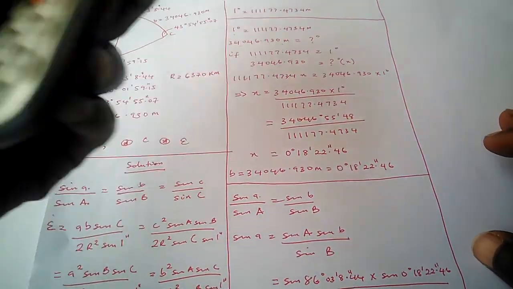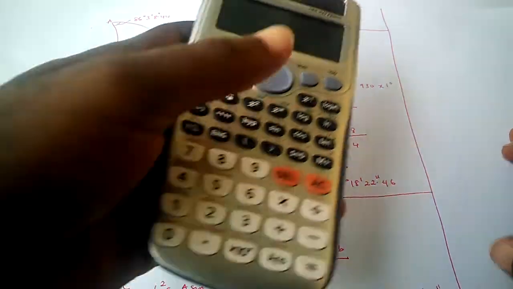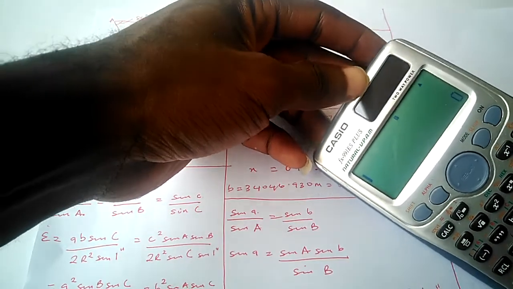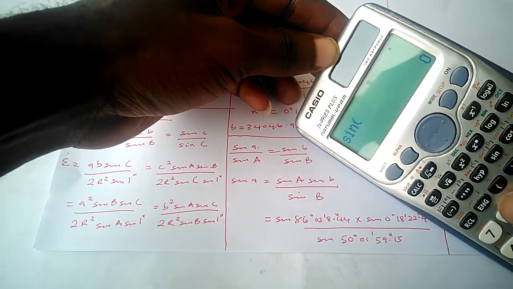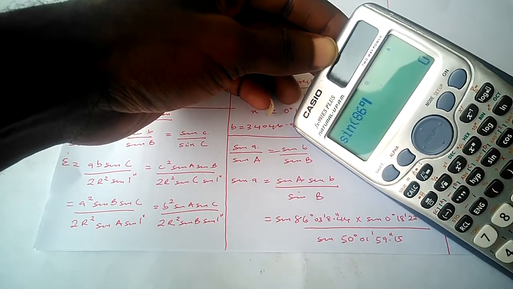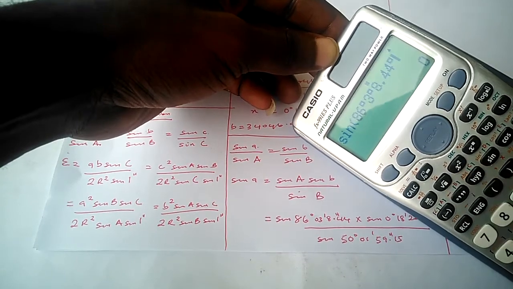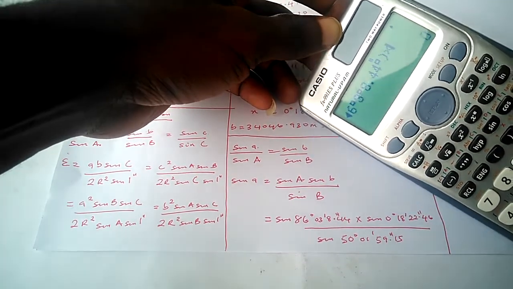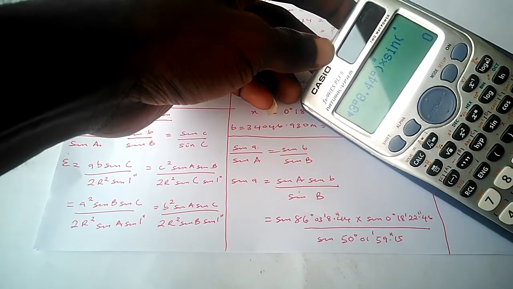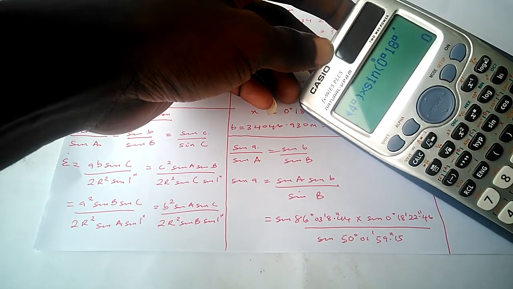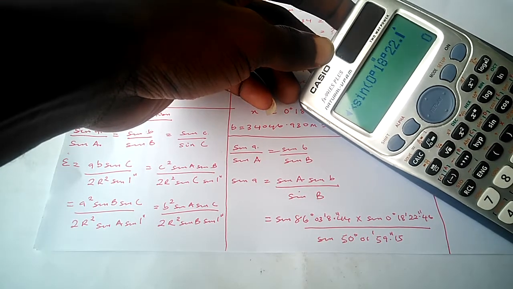So we are now going to input these values on our calculator to get the final result. Let's start with our numerator. Our numerator says we have sine 86 degrees 3 minutes 8.44 seconds multiplied by sine 0 degrees 18 minutes 22.46 seconds.